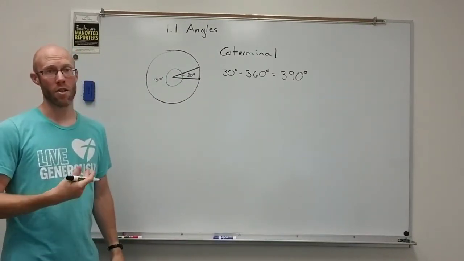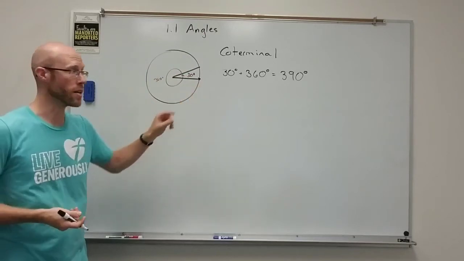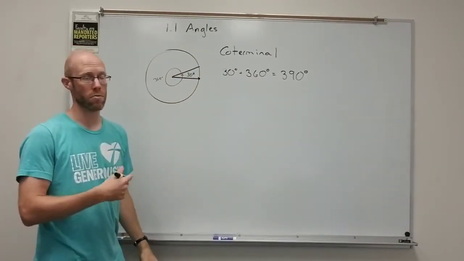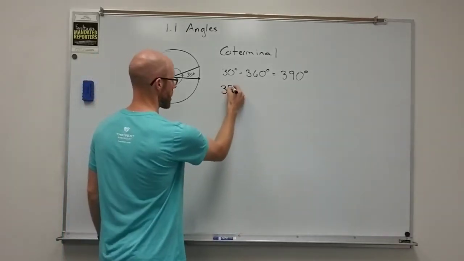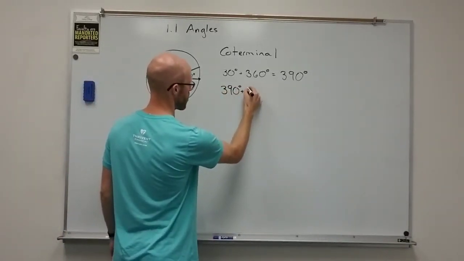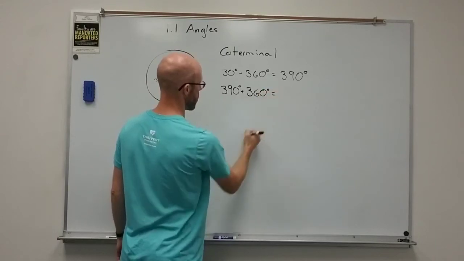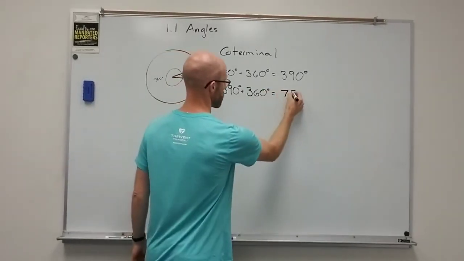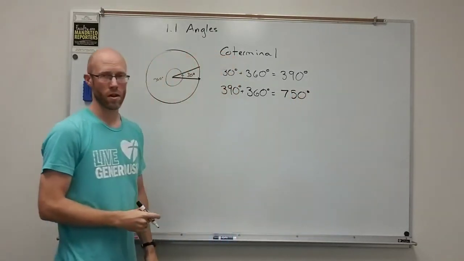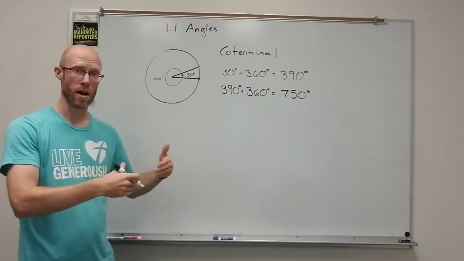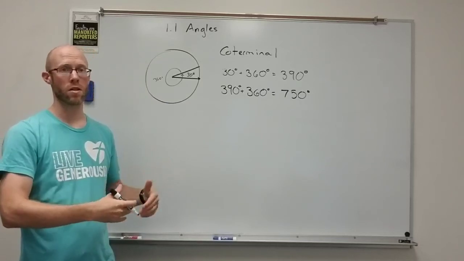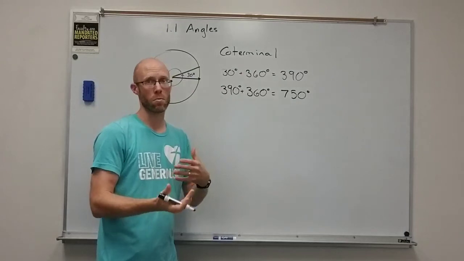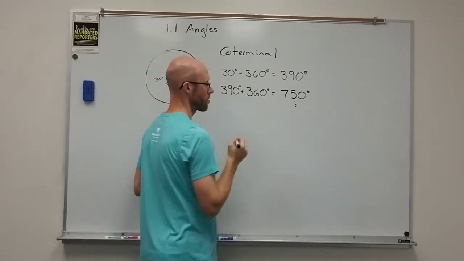If you were to add another 360, go around the circle again, you would end at the same angle, but it would have a different measurement. So 390 plus another 360, that would add up to 750 degrees. And of course, you keep doing this. Every time you add 360, you get an angle coterminal to 30 degrees.